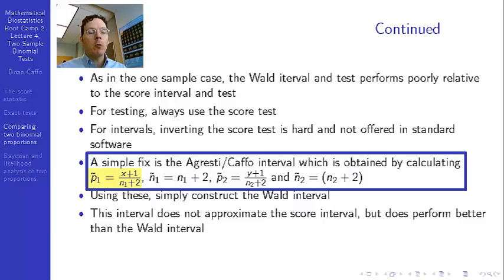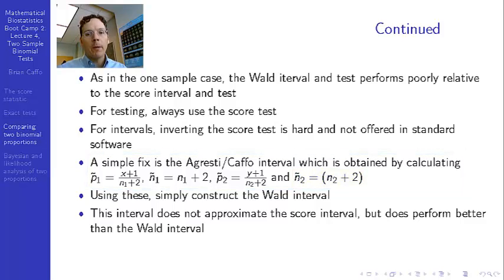So calculate P1 tilde, which is x plus 1 over n1 plus 2, n1 tilde, which is n1 plus 2, P2 tilde, which is y plus 1 over n2 plus 2, and n2 tilde, which is n2 plus 2. So this is exactly taking this 2 by 2 table that has the successes and failures for each group and adding one to every cell. That's exactly what this is. And then just treat that as if it's the data and construct a Wald interval.